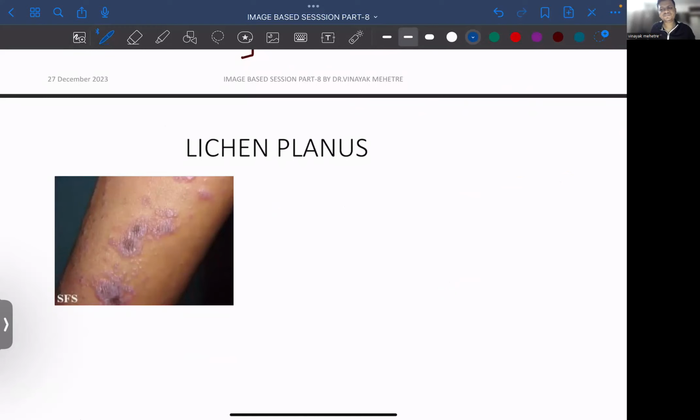Lichen planus. Now, what I said in psoriasis: silvery color lesion. Lichen planus, remember purple color lesion.